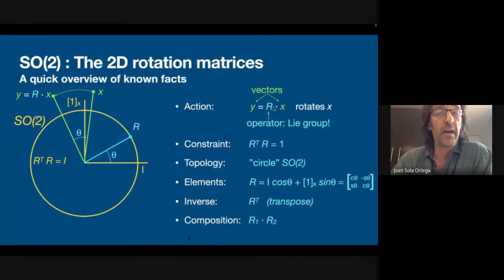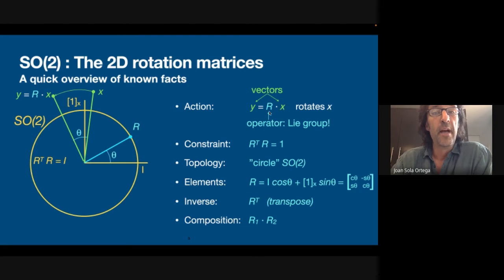So the element R and the element x do not belong to the same set. The action is performed by elements of this set, which is the Lie group. We will talk a lot about the Lie group, and it's an operator. It acts on elements of a different set. In this case, it's vectors in the plane.